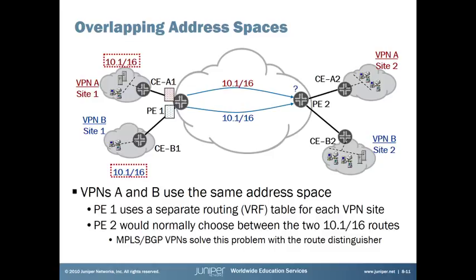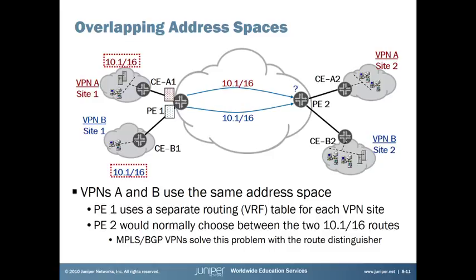So the problem is when PE2 gets those two routes, which are BGP routes, the normal process is it says, well, hang on, I have got two different paths to the same network. So what I'll do is I'll choose one of them.